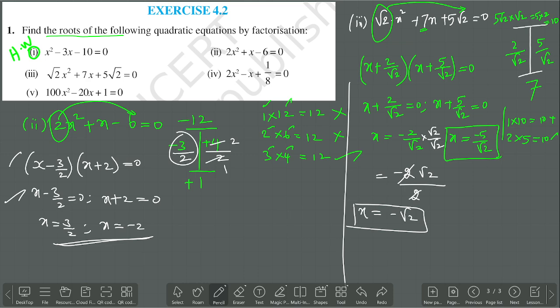After cancelling also, no problem. It's a multiplication, so why are you worrying? In the denominator, in this step, there is no root 2.